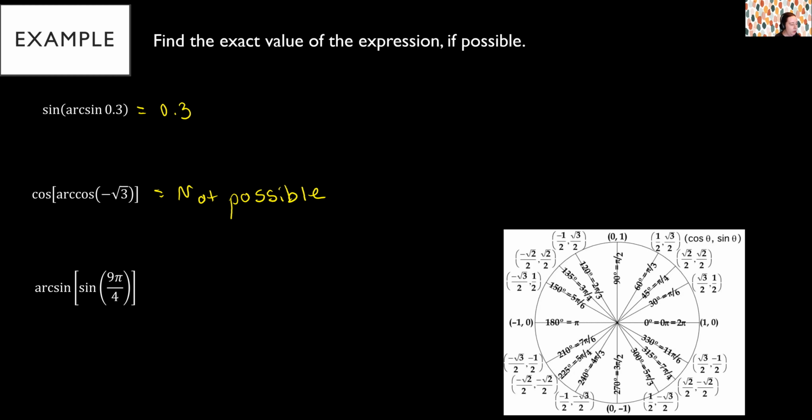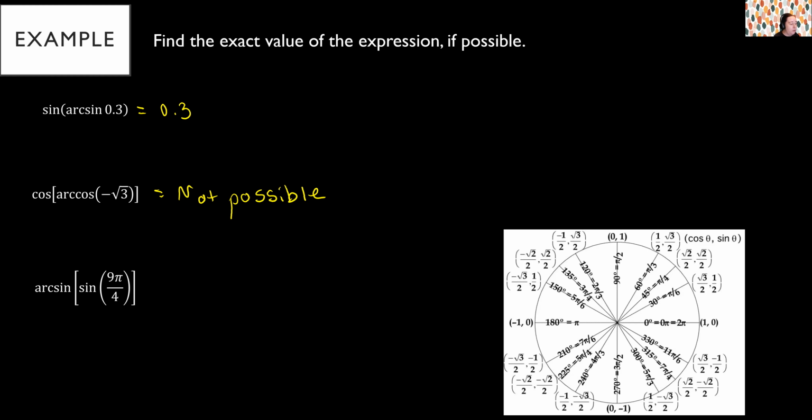Okay, last one. Now we're doing arc sine of sine 9 pi over 4. So first we want to do the sine of 9 pi over 4, and then you take the arc sine of that. And now normally these would cancel out. Your answer would be 9 pi over 4.